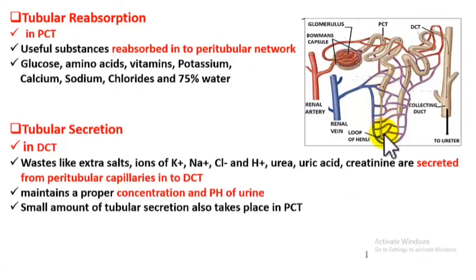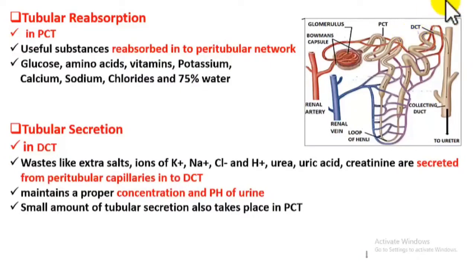Understood, students? So this is called tubular reabsorption. Now the filtrate enters into the loop of Henle. During this moment, the blood capillaries around this region absorb some amount of water from the filtrate. It accounts for 10%. So 10% of water is absorbed from the filtrate into the blood capillaries in the loop of Henle. Then the filtrate enters into the DCT, distal convoluted tubule.